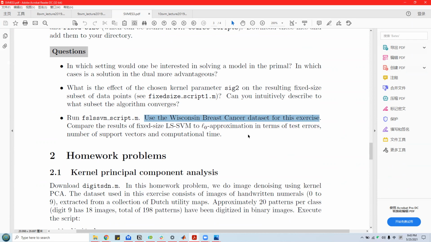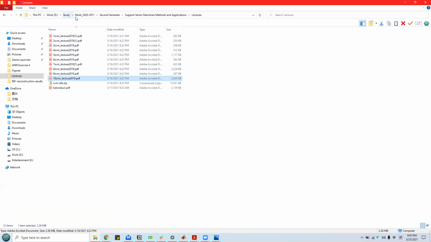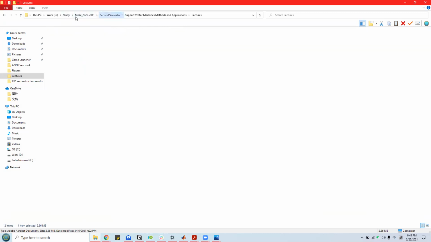But for me, this question asks me to run the same one, the Shuttle. Oh, okay. I think they updated this file like 2 days ago. Really? Yeah, maybe you remember they put an announcement saying there was something wrong with the code and they uploaded new materials.